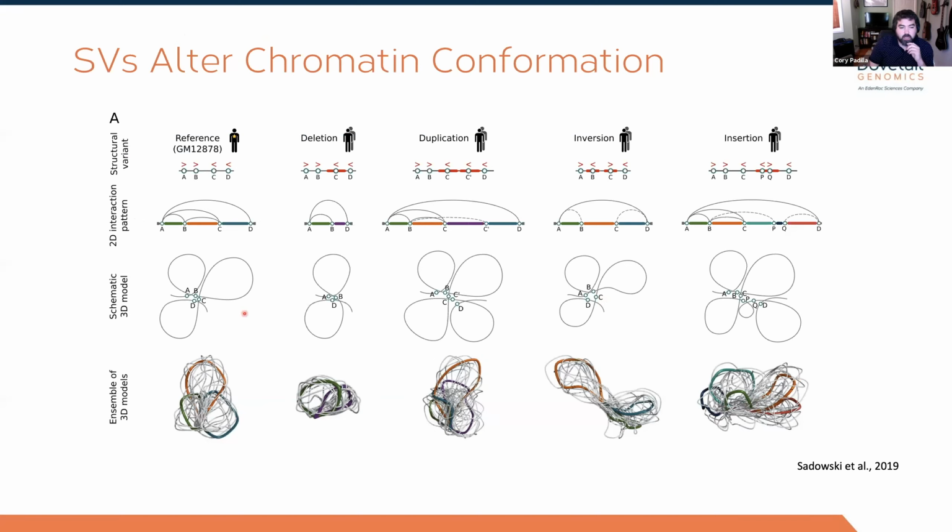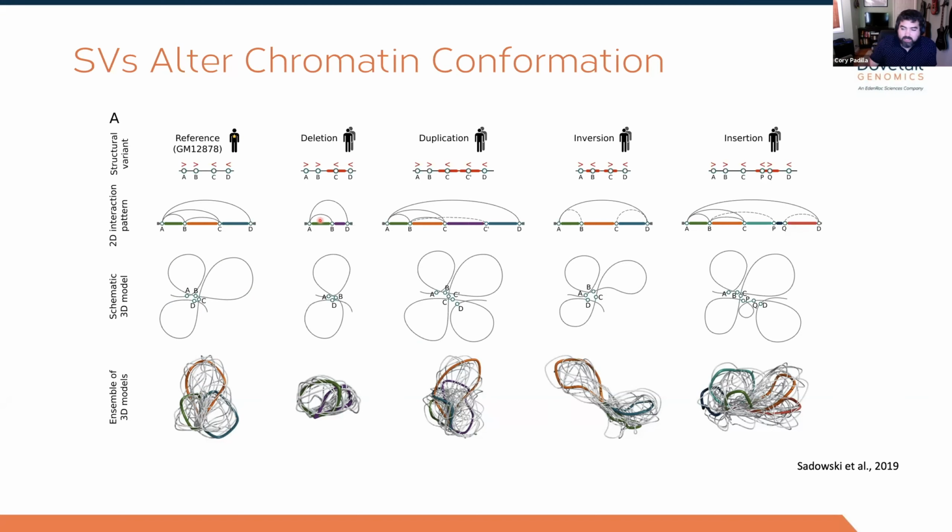When you're looking at the normal reference genome, this is what the looping structure looks like if you were to just draw it on a 2D map. And then here's what they're able to show in that three-dimensional orientation, where the colors in this map are reflective of these regions in that 2D pattern.